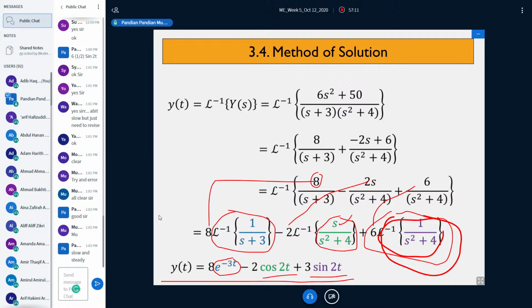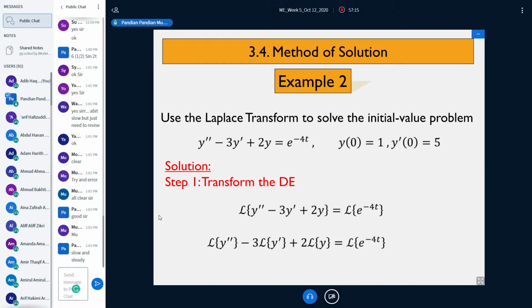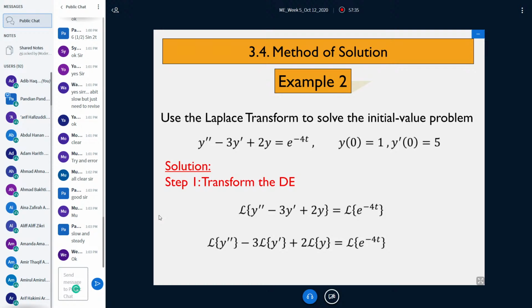Now we move on to second order. This is quite interesting problem. So you see this equation, please take note, yeah?